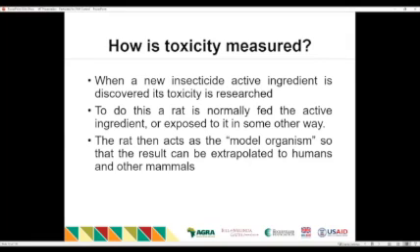And this result that we get from the rat then acts as this model organism, so we can extrapolate this result from the rat, which is a mammal like humans are, to human beings, and in this way decide whether the active ingredient is contributing in some way to control and not causing so many adverse effects that we do not want it being used in the environment.